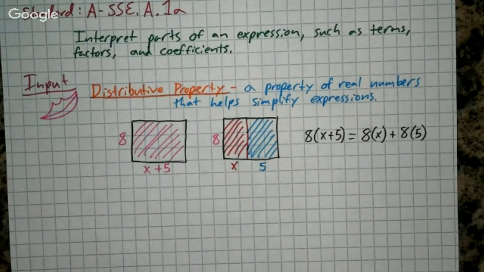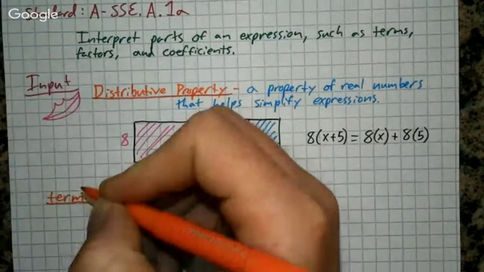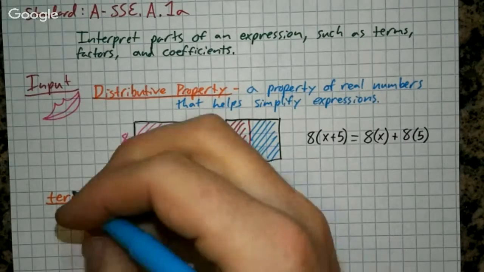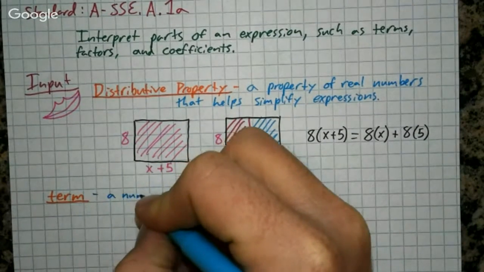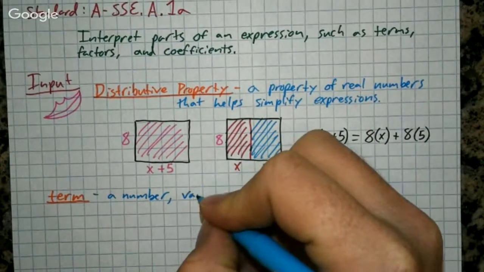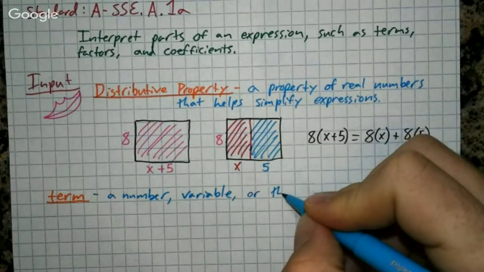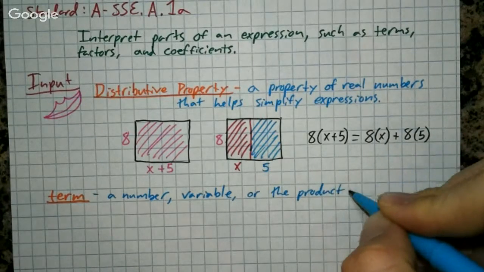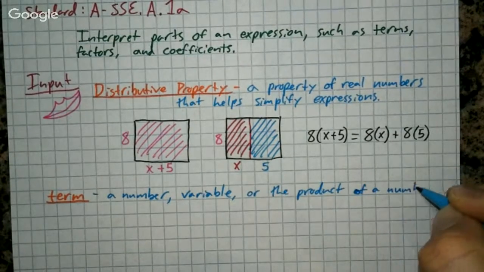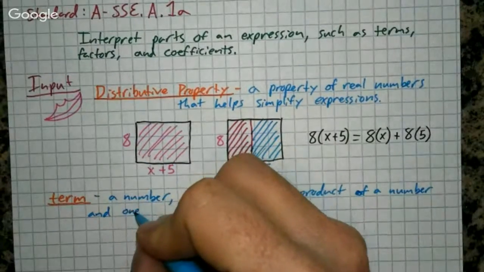Okay, now based on the terms that we hear in our standard, we're going to write a few other ones down. The first one is actually term. And what a term is, it is a number, variable, or the product of a number and one or more variables.